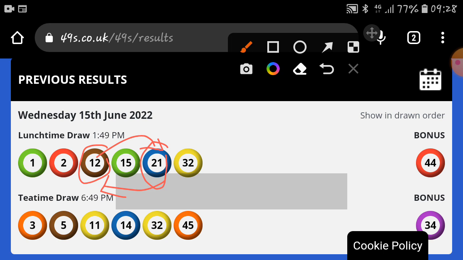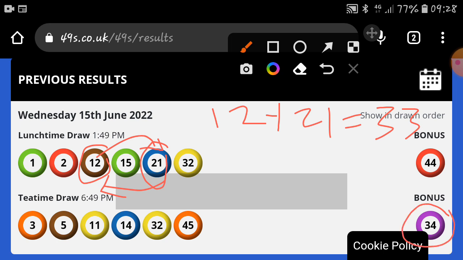So what did we say about these ones when they do like this, right? We agreed that we add or subtract. We add or subtract, okay? So we have got 12 plus 21, which gave us 33, right? It gave us 33. Look at the numbers that we have.